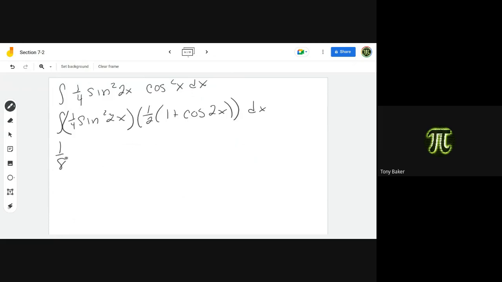So I'll pull out the 1/8, so I don't have to worry about that. And then I have sine squared 2x plus sine squared 2x cosine 2x dx.